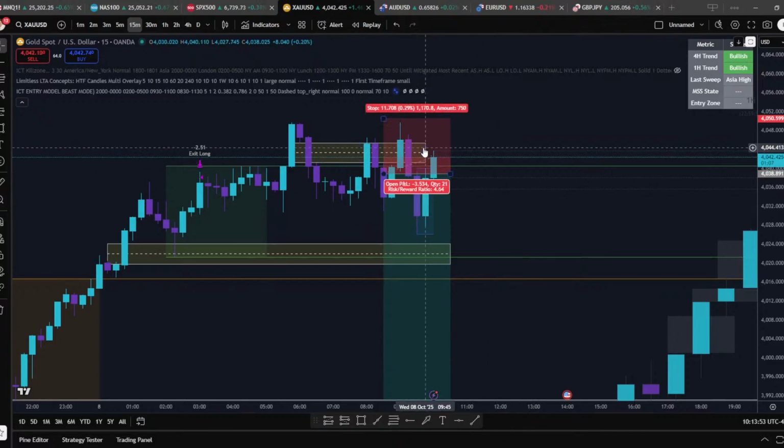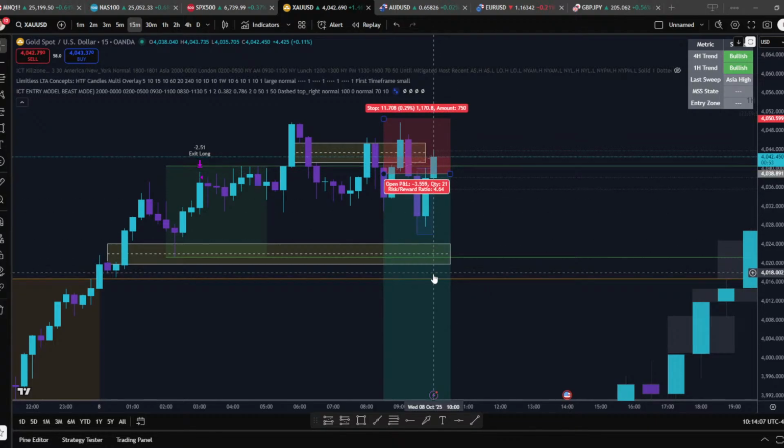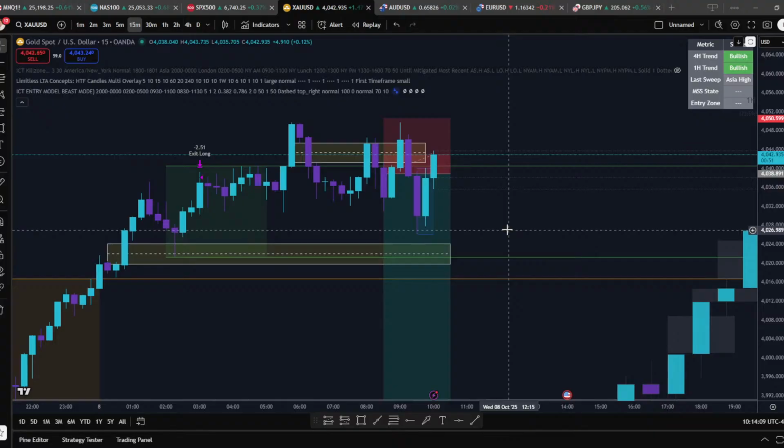But you should not be in this trade right now. If you need to enter into a gold trade, then you need to wait for a market structure shift again and then enter.